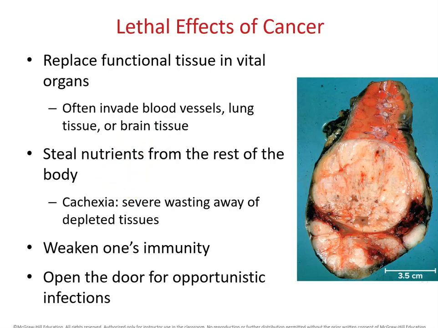We talked about this way back with PET scans, where we were looking at the cells with high metabolism, and cancer cells show up in those types of scans. So cancers take nutrients away from the rest of the body. They also allow other infections to come in because the cancer patient's immune system is weakened.